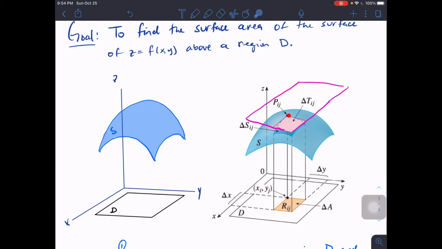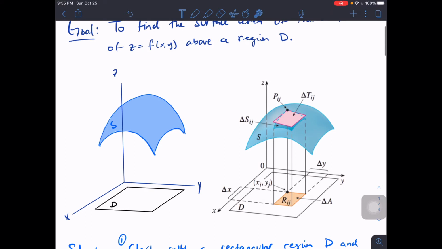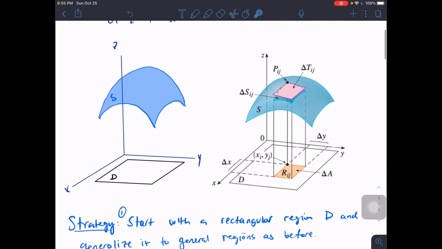Because we've learned how to find tangent planes, but we only want to consider the tangent plane region above Rij as well. And if we do that, this small piece of our tangent plane is going to be a small parallelogram. And we have tricks on finding the area of parallelograms. Okay? So that's the main strategy that we're going to be implementing here.